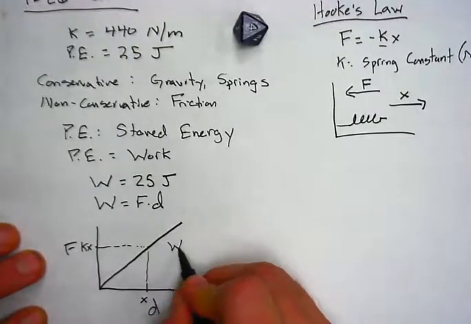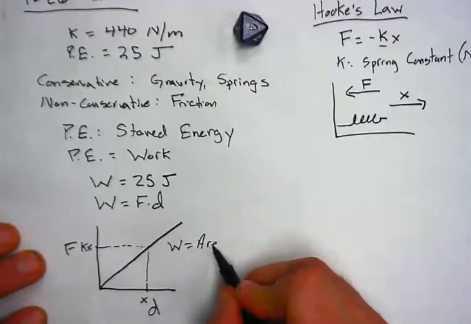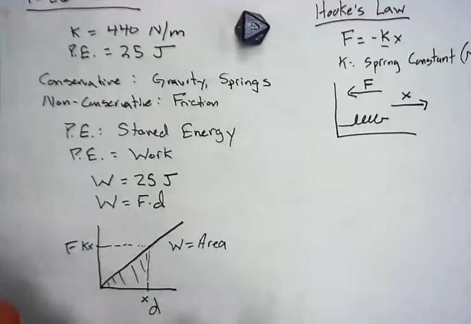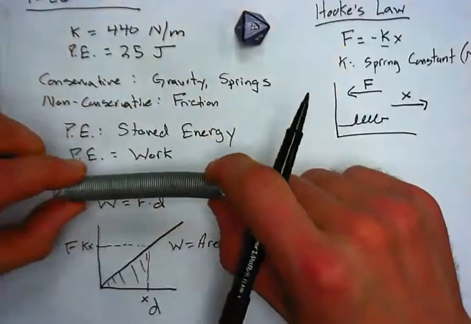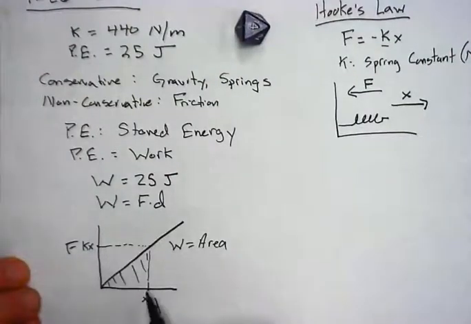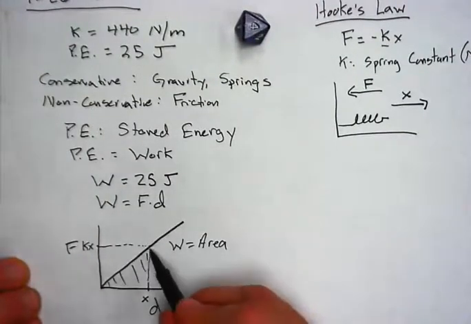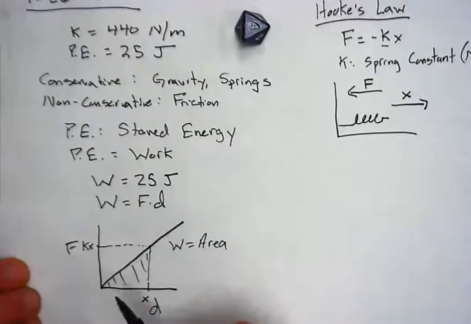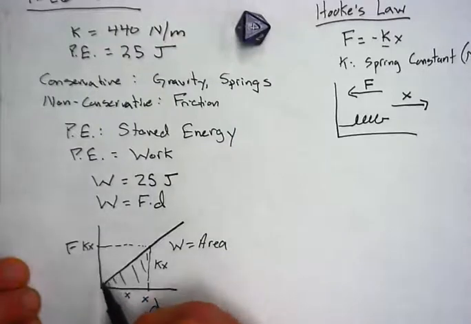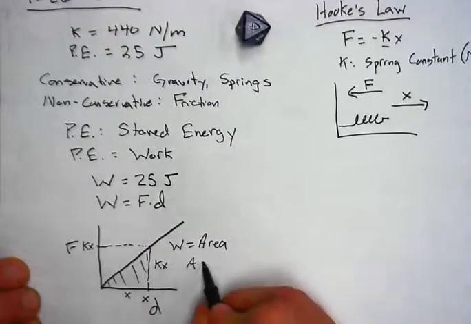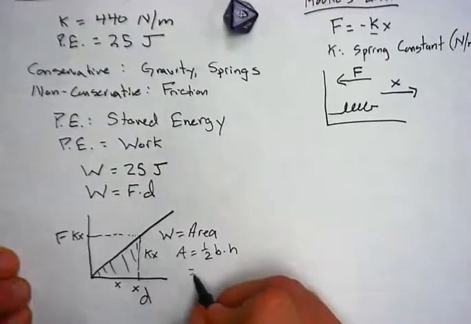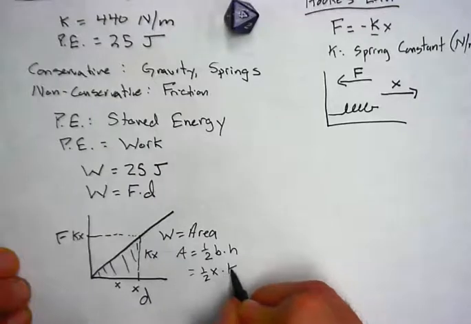Now to find the work here, I need to find the area underneath this curve. The work done in stretching a spring from here to here is equal to the area underneath the force versus distance curve. I don't even need calculus to do this. This is a triangle, so the area is 1/2 the base times the height, or 1/2 x times kx.